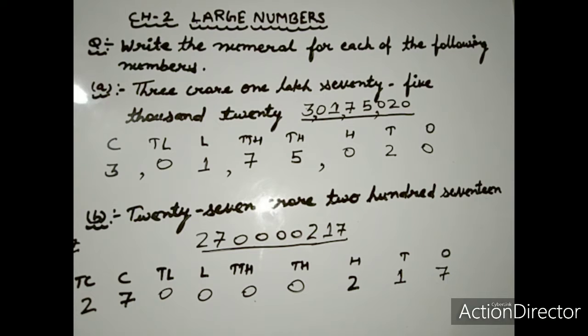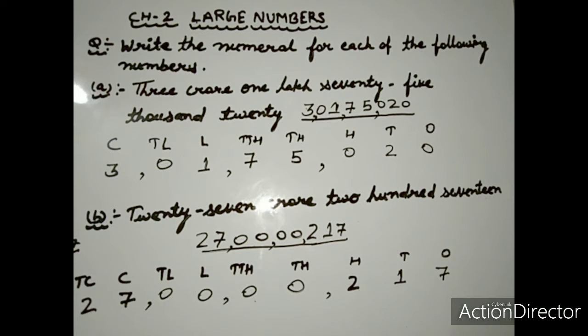Here we again use the Indian number system and separate the periods: the ones period by a comma, then the thousand period, then lakh and crore. We use a comma before three digits and then pairs of two digits. We read this number as 27 crore 217.